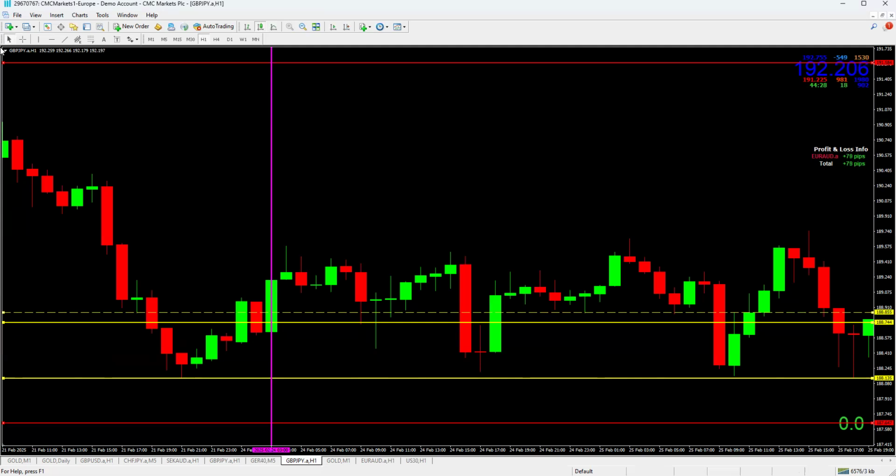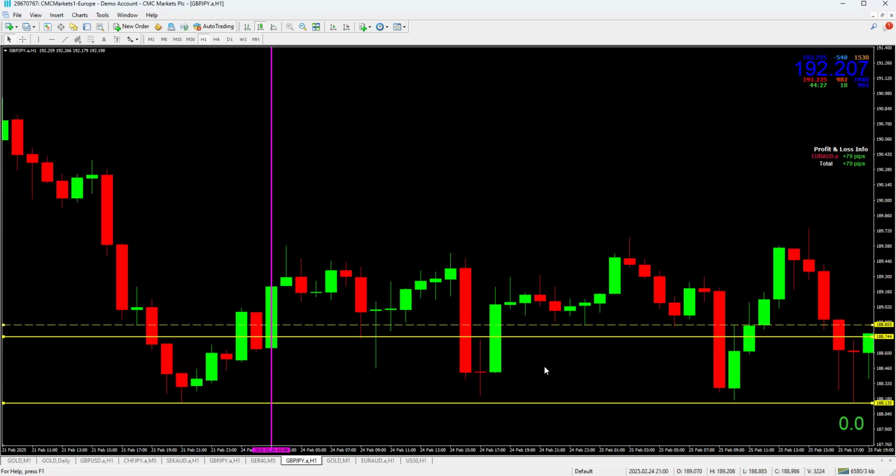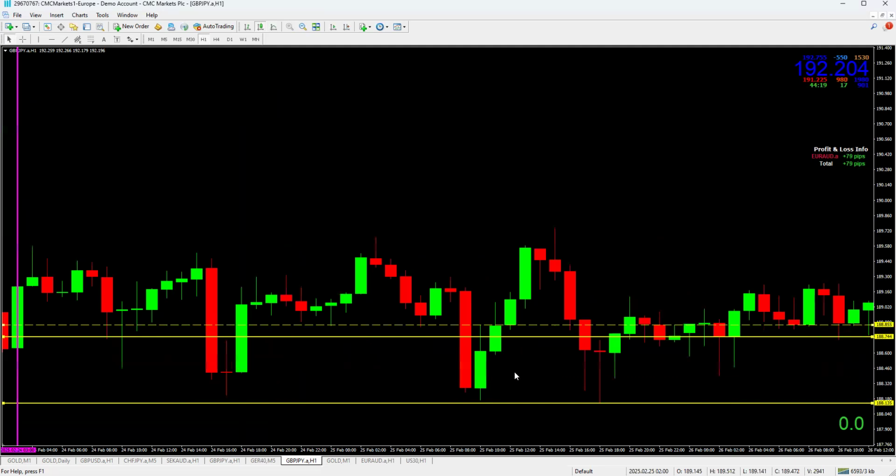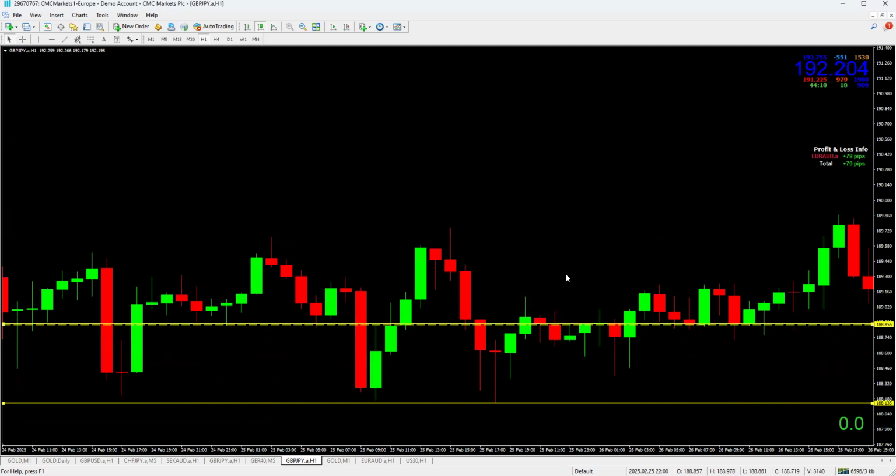So what I was saying a while ago is there are times when the candles will form the crosshair for you. The other times you have to draw the crosshair yourself.